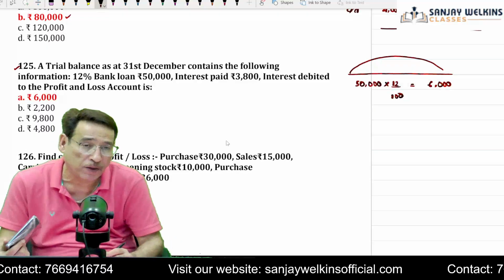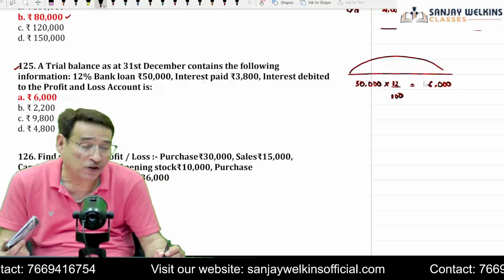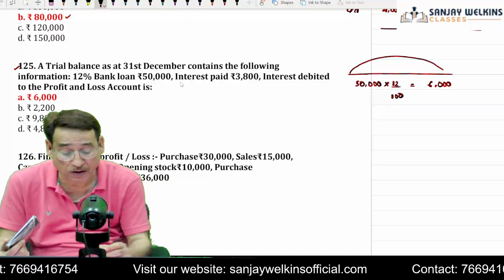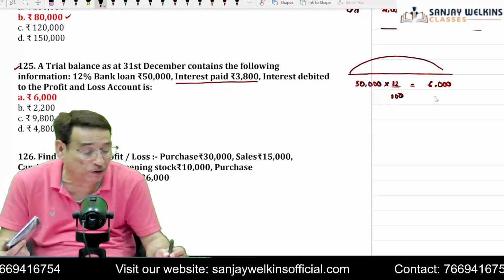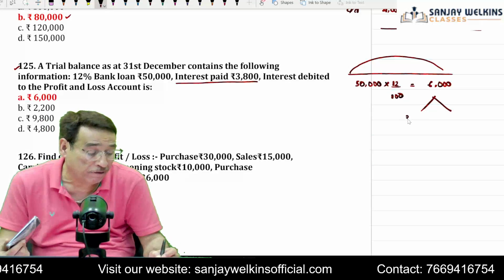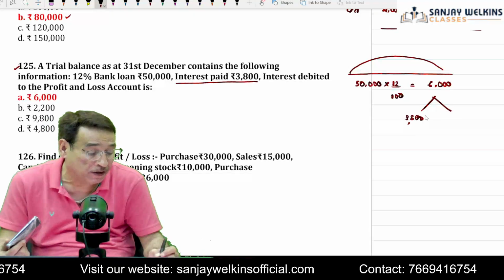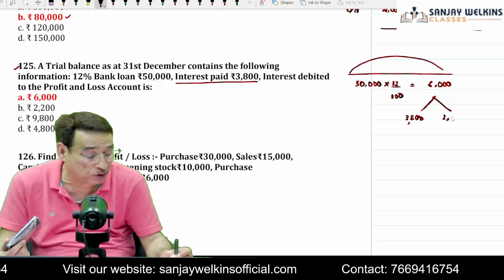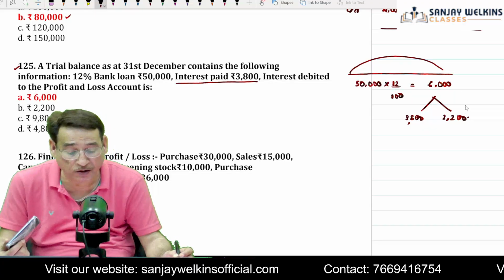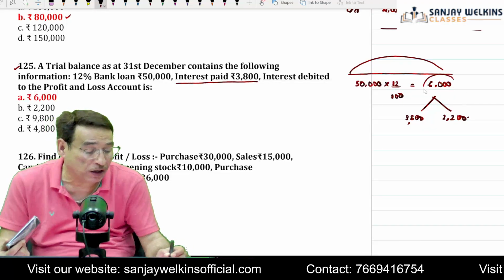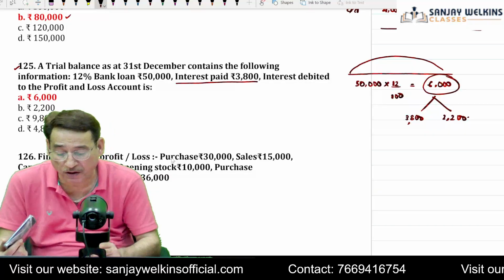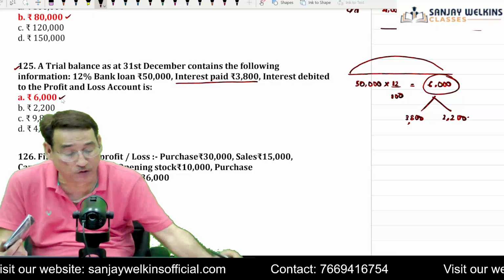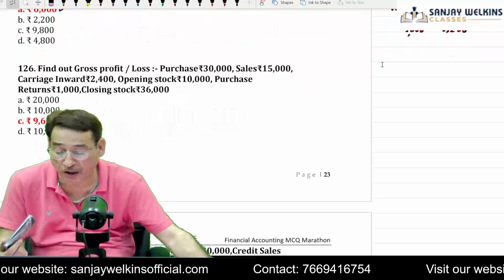Is it clear to you? Because interest related to current period is 6,000. However, you have paid interest of only 3,800. We have paid 3,800. So that means outstanding will be 2,200. And total interest which we are going to debit to P&L will be 6,000. Is it clear to you? So total interest which we are going to debit to P&L will be 6,000.